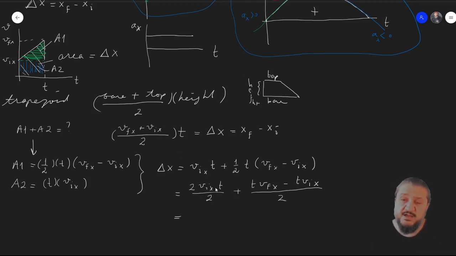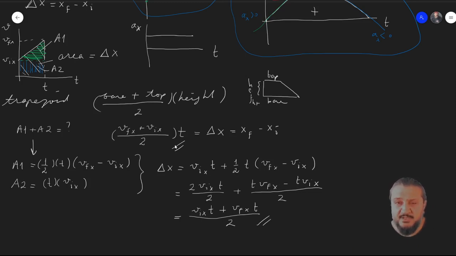So 2 VIXT minus T VIX is just 1 VIXT. And you have plus V final x T divided by 2. As you can see, this is equal to this value here. So they are identical, okay, which we expected.